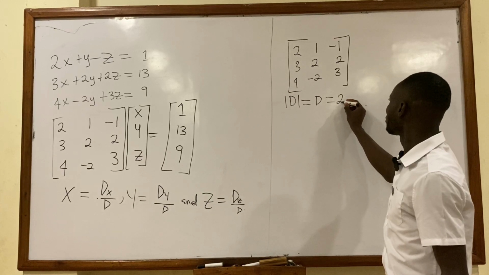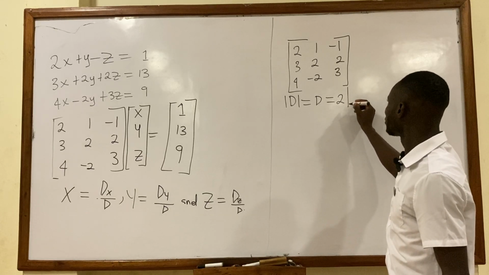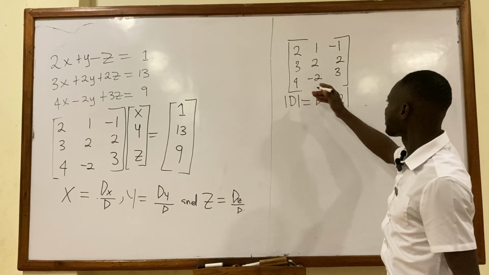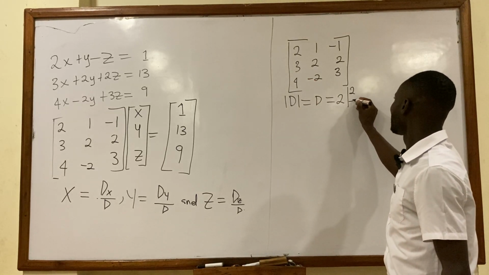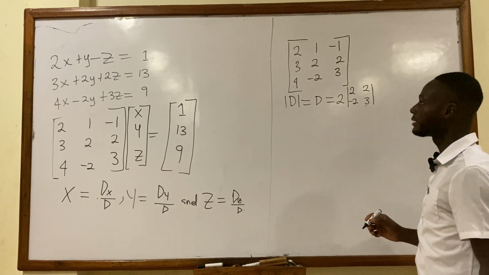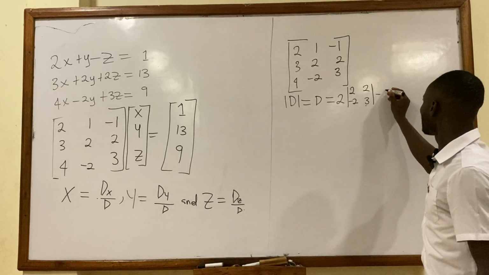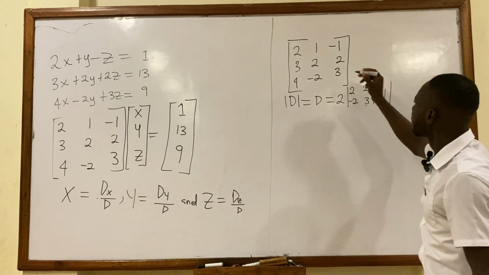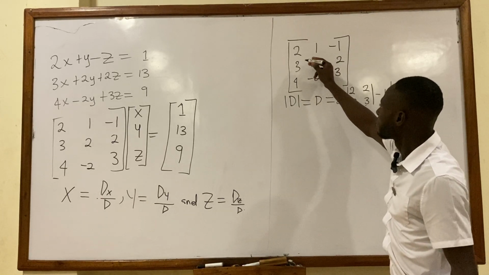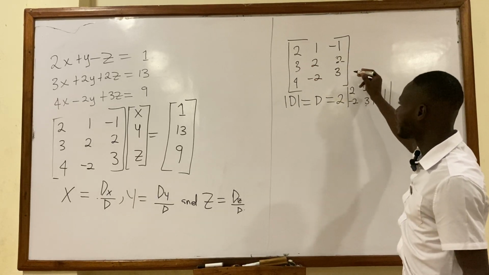It's equal to 2 into, we avoid all the elements in this row and this column. So we have 2, minus 2, 2, and 3. And then minus 1, we avoid all of this, and we avoid all of this. We have this and this.